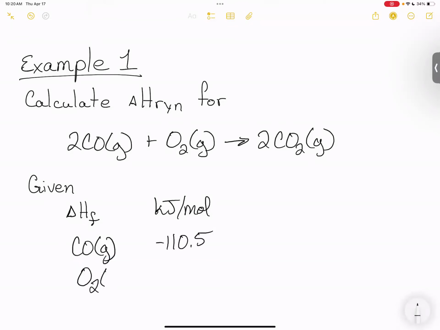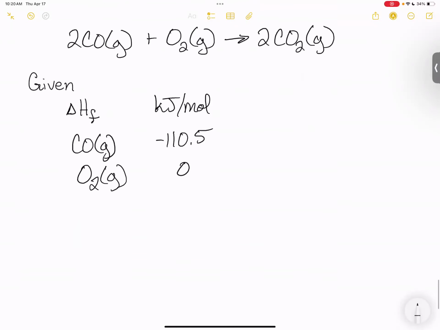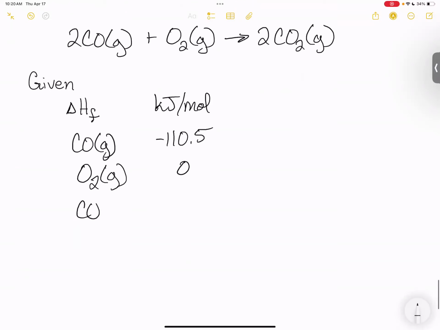O2 gas, because it is an element in its standard state, is 0. And CO2 gas is negative 393.5.